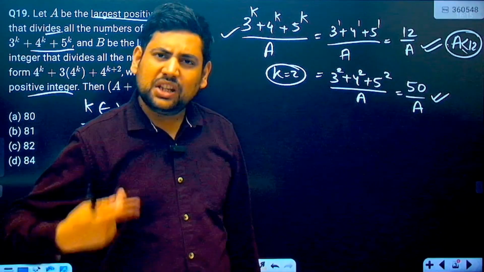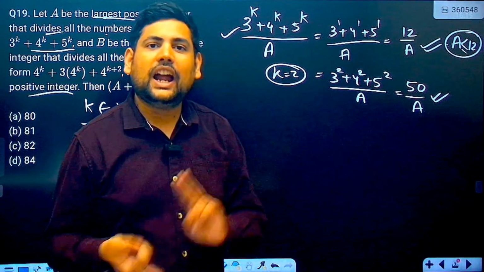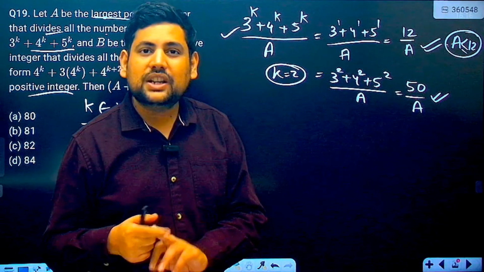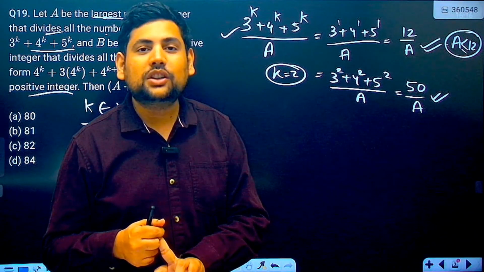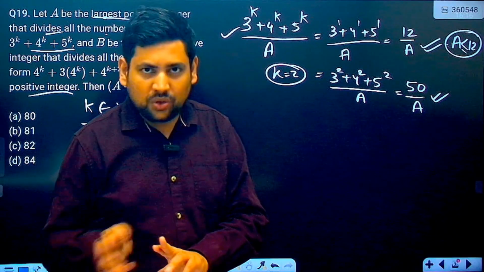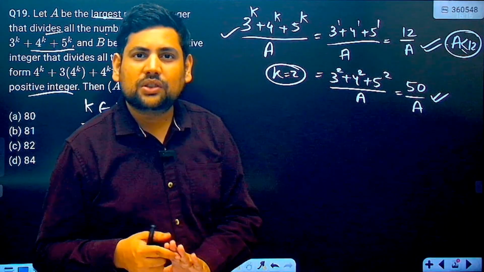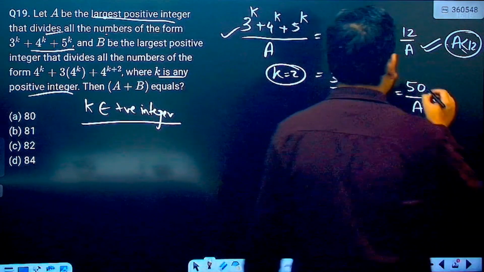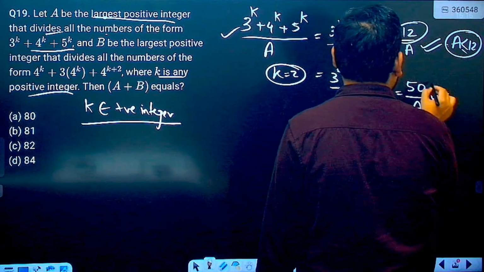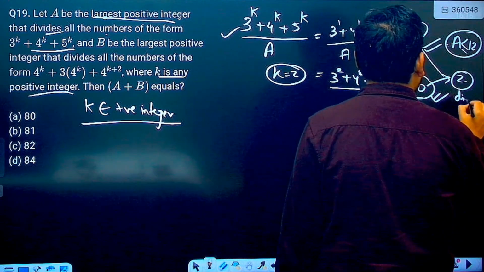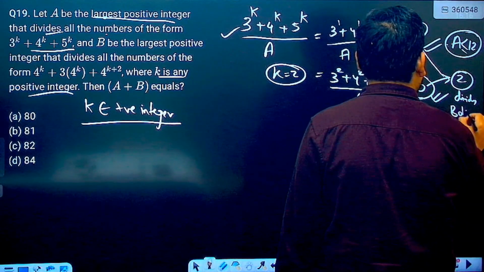Now, can you think of any number that divides 50 and 12 both? Does 4 divide both? No. Does 6 divide both? No. Then 12, of course not. Then you go smaller and smaller. Does 5 divide both? No. What divides both of these? We'll get that 2 divides both of them.